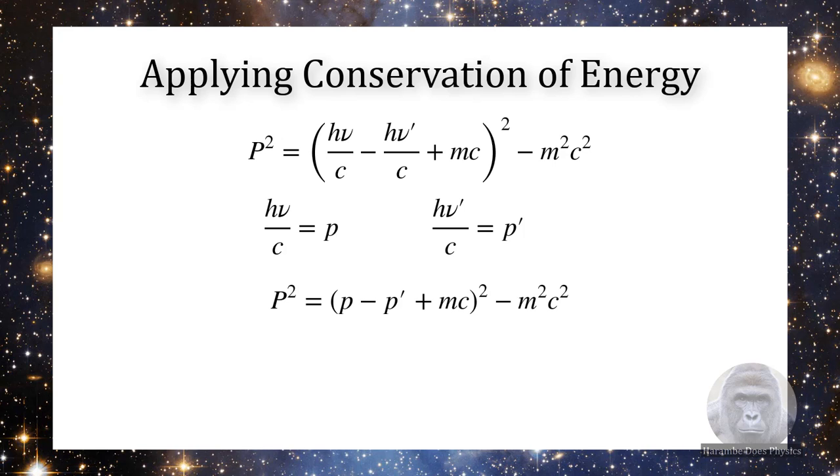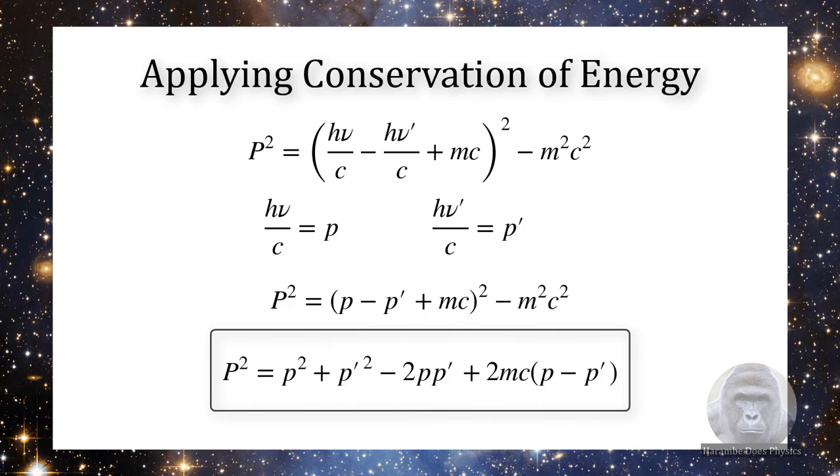This yields a more compact expression, which we will compare to an expression derived from conservation of momentum. Expanding the polynomial term, we can cancel m squared c squared, yielding our reduced expression, capital P squared equals p squared plus p prime squared minus 2p p prime plus 2mc times the quantity p minus p prime.